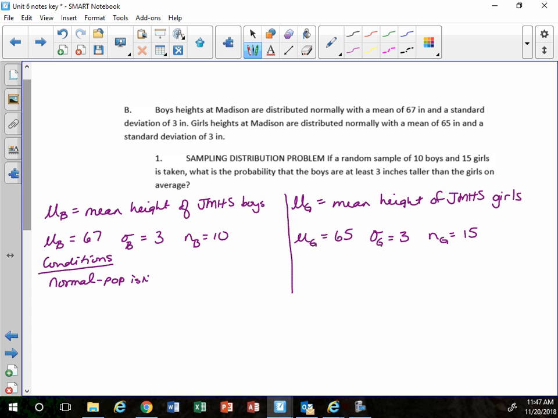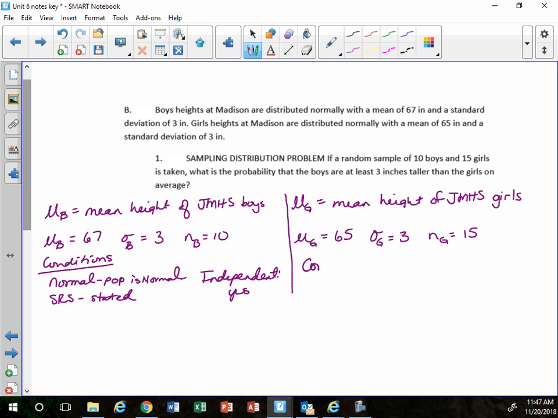What about SRS? Is that stated? Yes. What do you think? Are my two samples independent of one another? Yeah, you're not going to be included in both groups for average here. Okay. So independent. Yes.